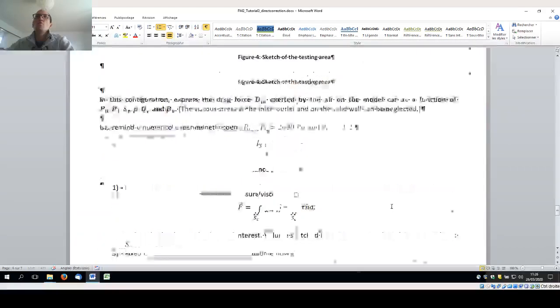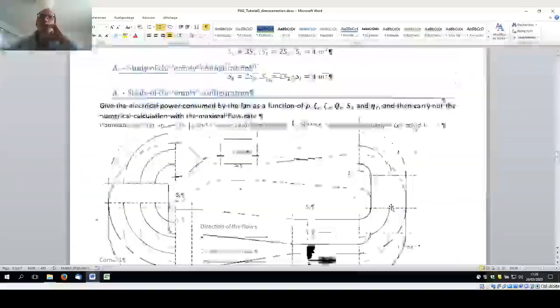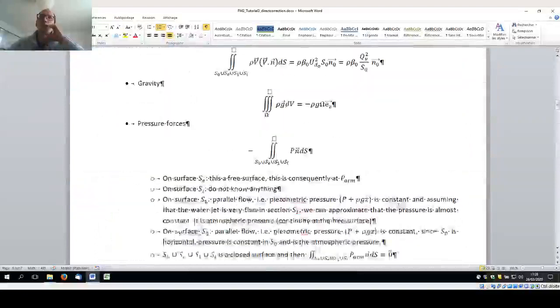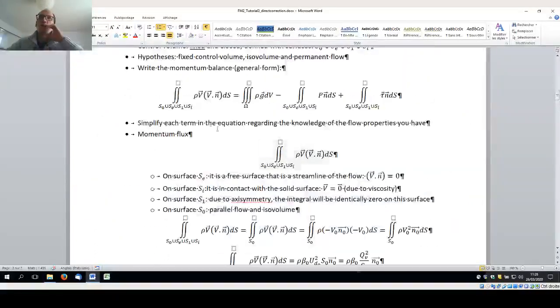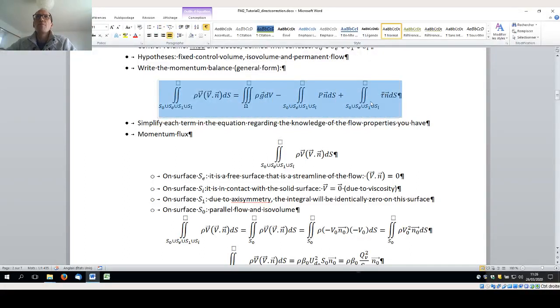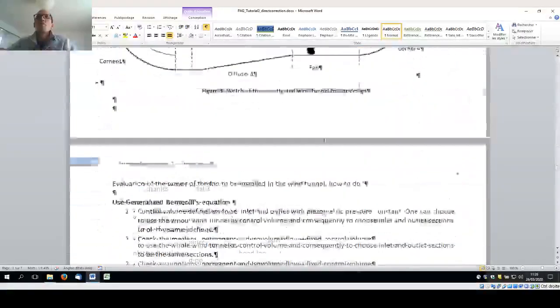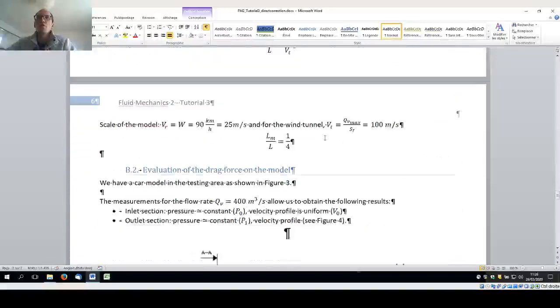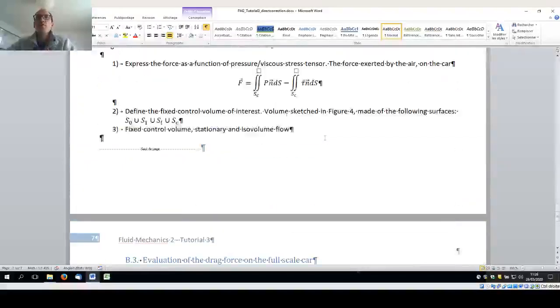It allows me to write once again, just copy paste, this equation. I'll just change the surfaces of interest in our case. It allows me to write the momentum balance under the form.